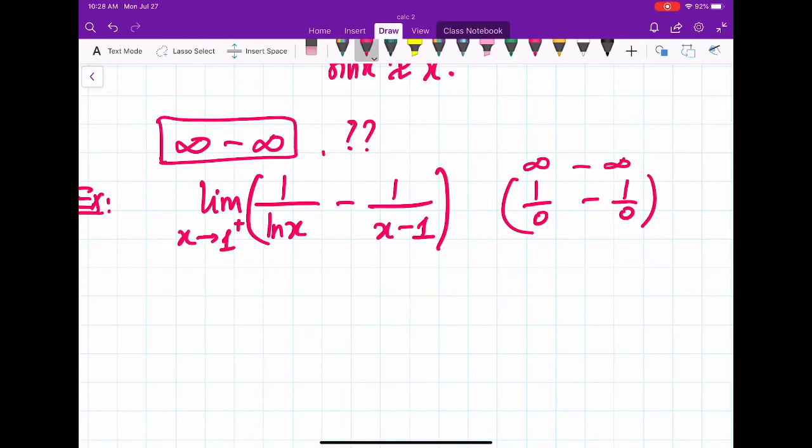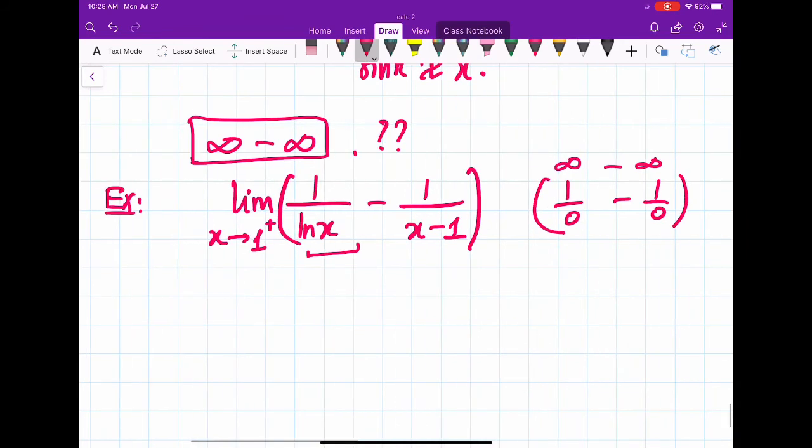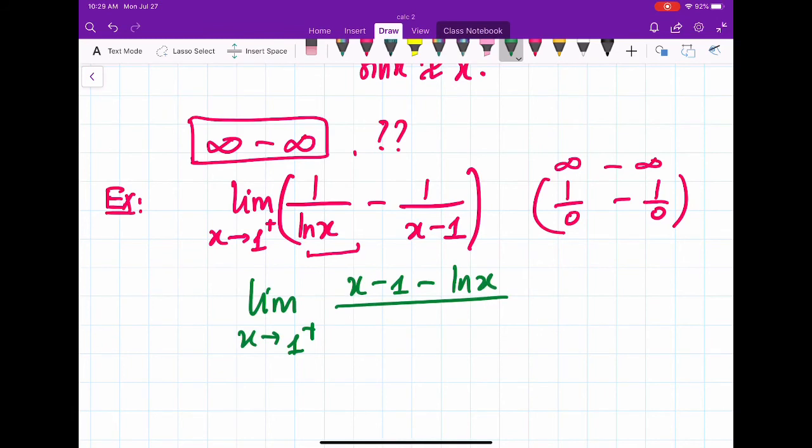For such a situation, the only thing I can do is just try to get some kind of more compact form of the function, because you have two terms in here, right? So let me compile them together. I have x approaches 1 plus. In here I have x minus 1 minus ln of x, and I have ln of x times x minus 1.